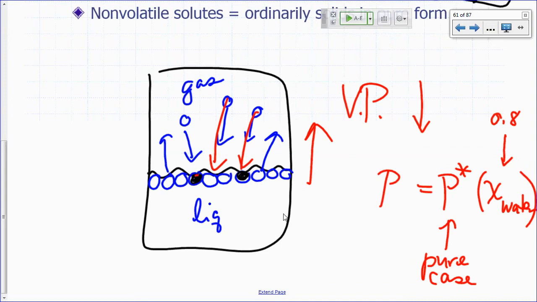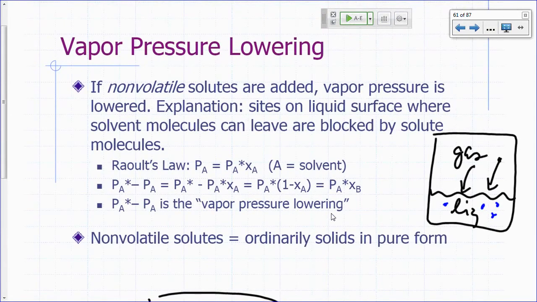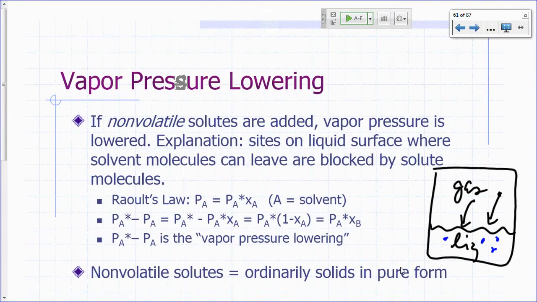Going back up here, this observation is called Raoult's law. It says that the partial pressure or the vapor pressure of a volatile component of your mixture, so if we say A is a volatile component of your mixture, once it's contaminated, its vapor pressure is going to be lowered. It's now going to be the original vapor pressure, P star A, the vapor pressure if it was pure, multiplied by its mole fraction.